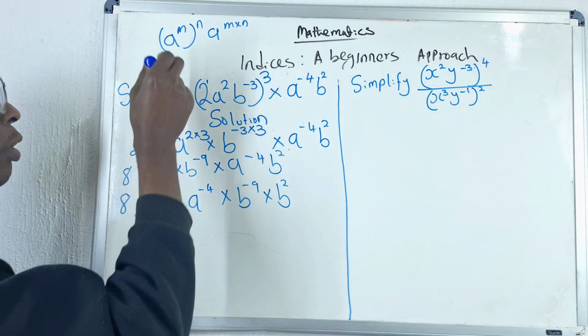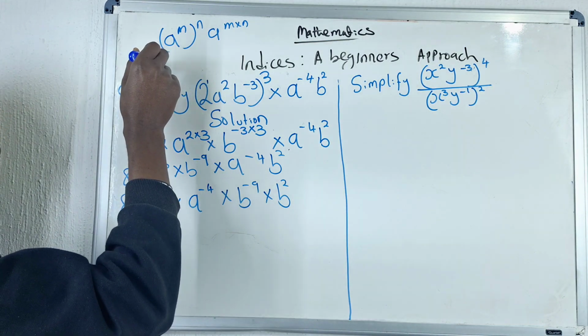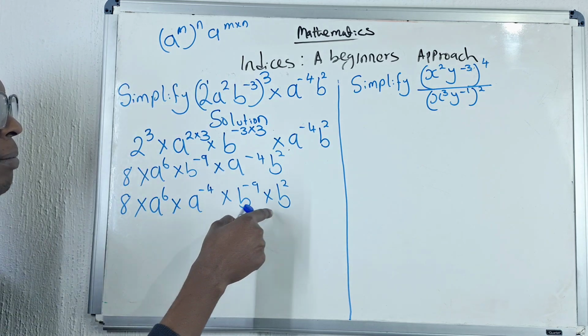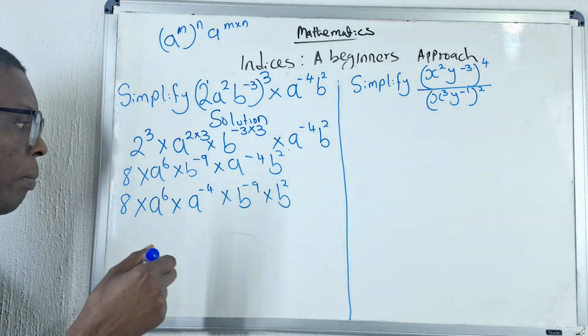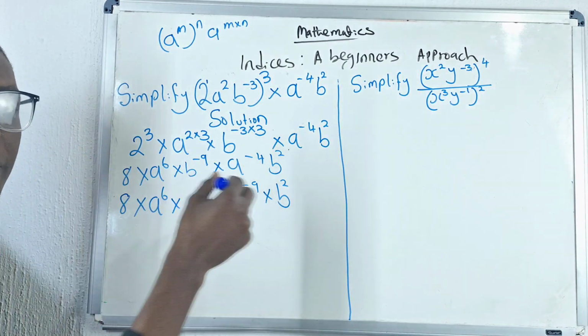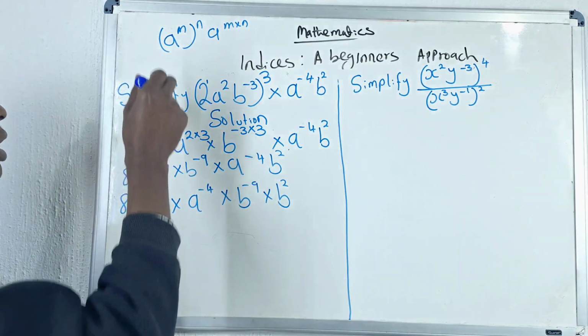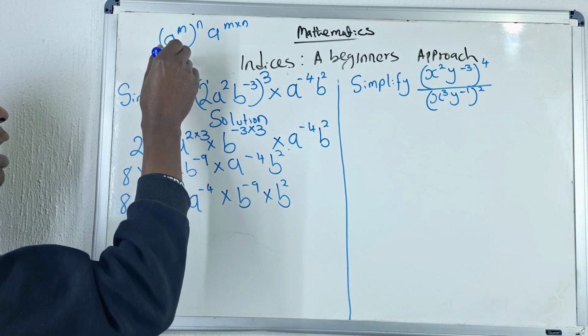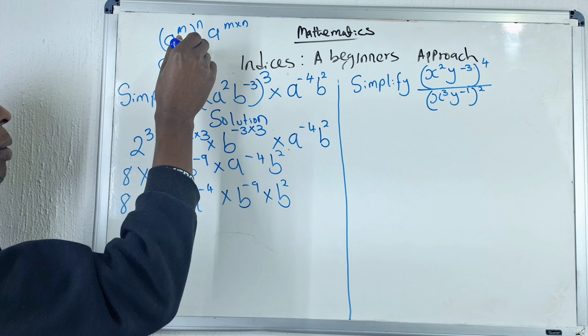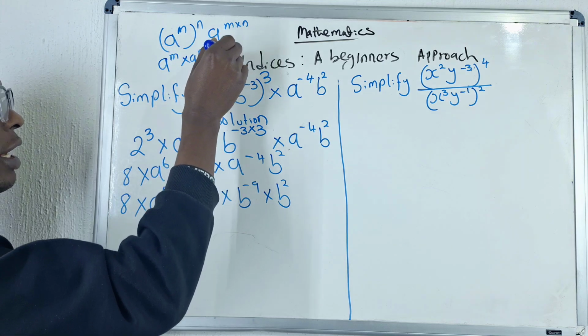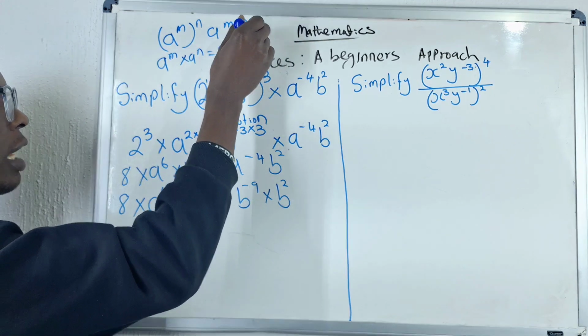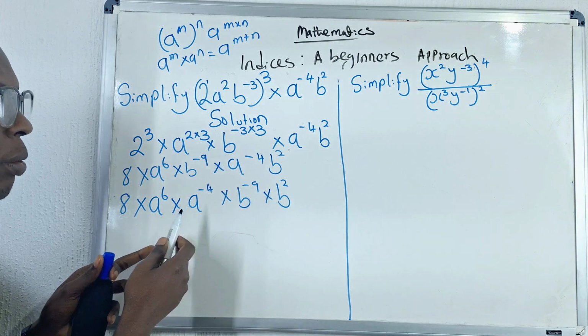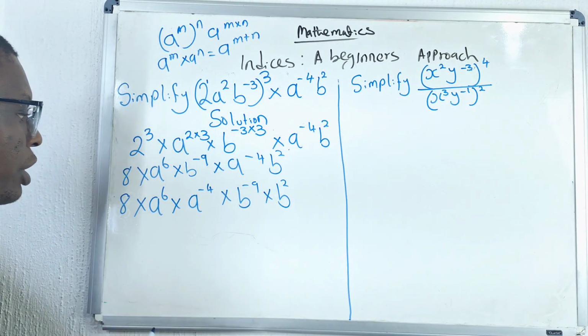And the multiplication law, remember, states that when the bases are the same, you sum up the powers. That's for multiplication. When the bases are the same, you sum up the powers. a raised to power m times a raised to power n is the same thing as a raised to power m plus n. So in this scenario, we will have to put that into consideration.